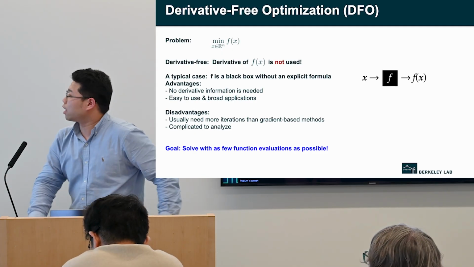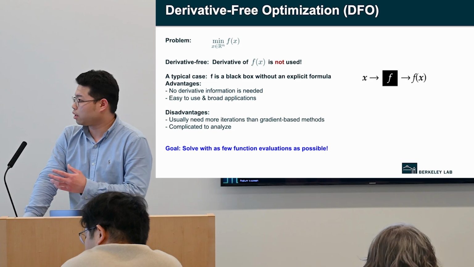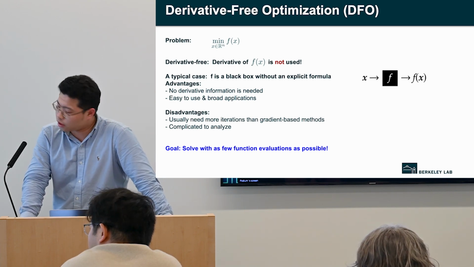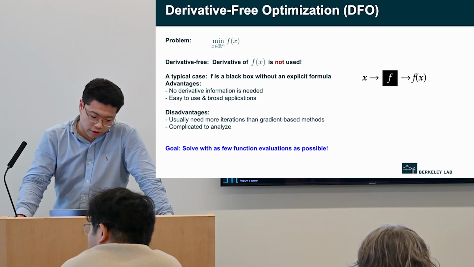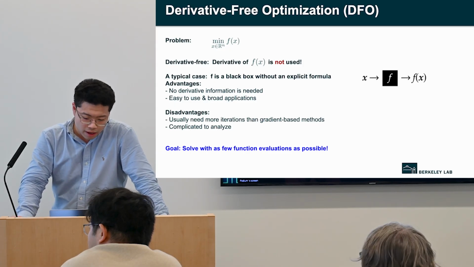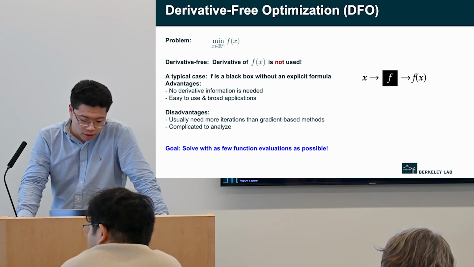The user only needs to provide the function value at the input point. So the advantage here is that no derivative information is needed, and it's easy to use for different applications.